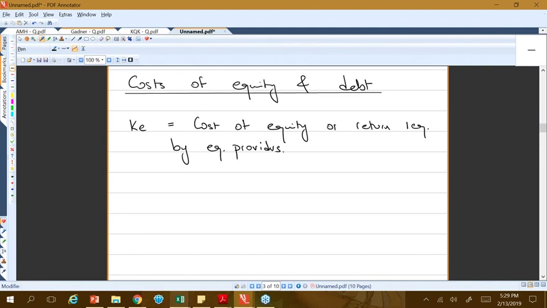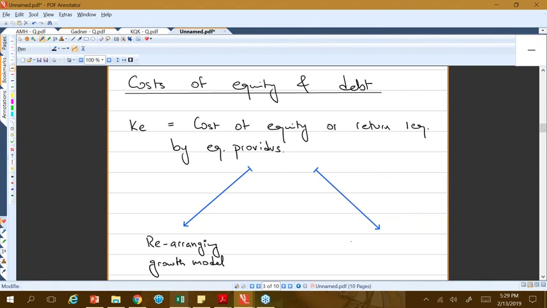And in our syllabus, there are two ways in which cost of equity can be computed. The first way is rearranging the growth model.